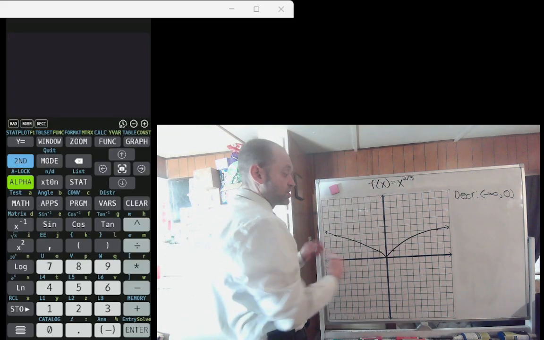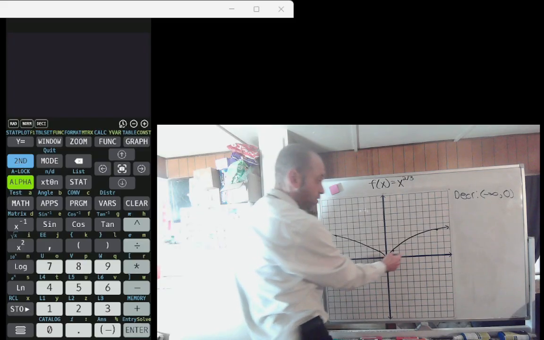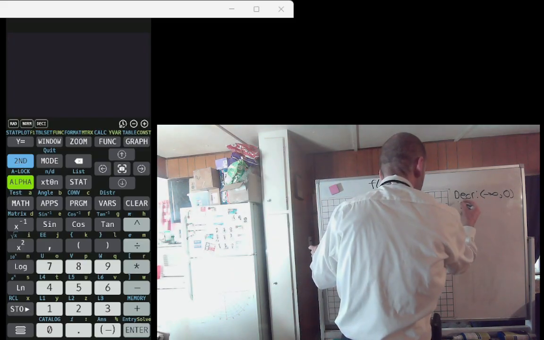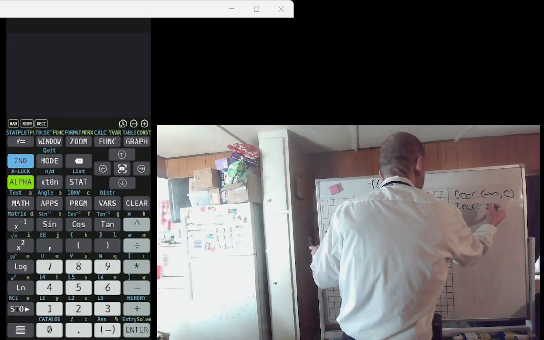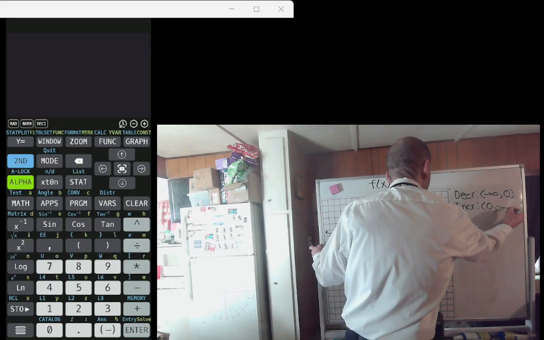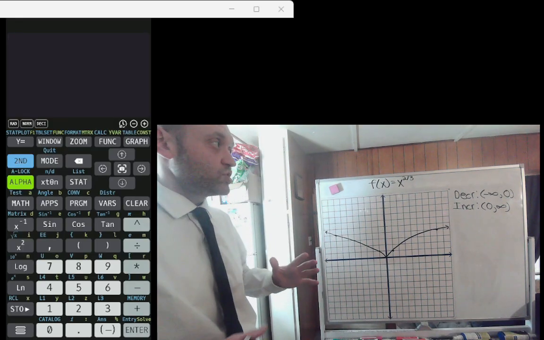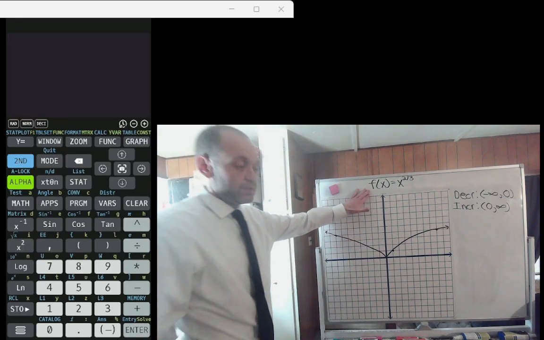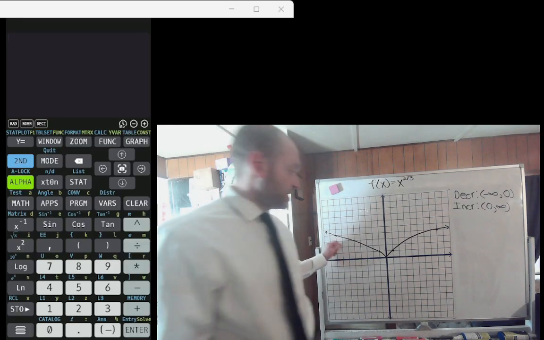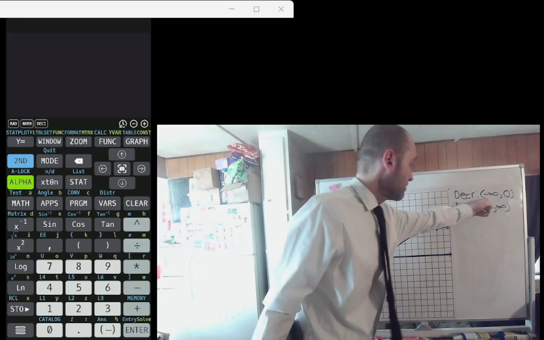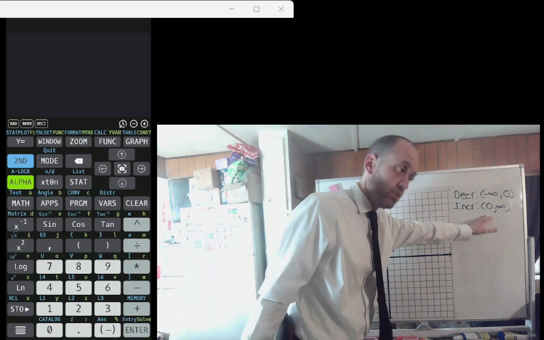And then it starts increasing from 0 non-inclusive to infinity. This is proof you can have both or even all three characteristics in the graph of the same function. So f of x equals x to the 2/3 decreases from negative infinity to 0 and increases from 0 to infinity.